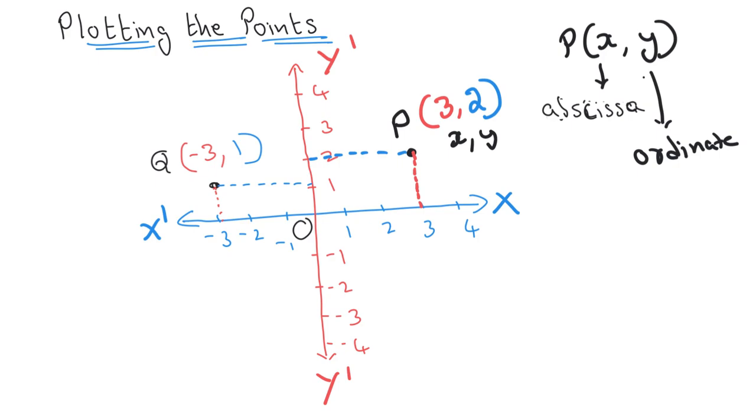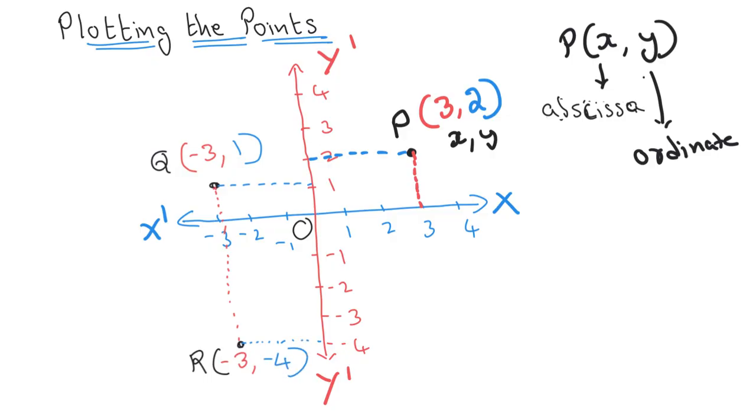Fine. Let's locate this. Can you tell me what will be the coordinate of the point R? Can you make a guess? Do it. Draw a perpendicular line on the x-axis. It's -3. Draw a perpendicular line on the y-axis. It's -4.